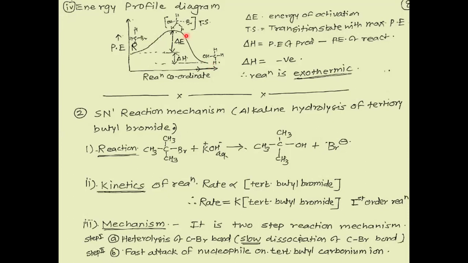This graph is called the energy profile diagram. On this y-axis it is potential energy, increasing from 0, low to high, and along the x-axis the reaction proceeds.